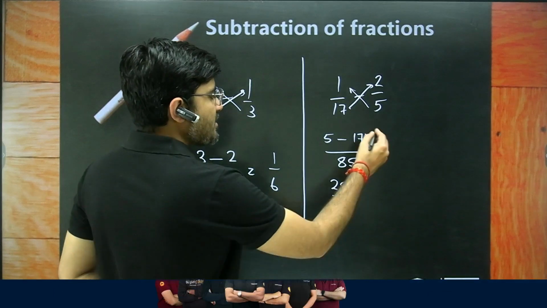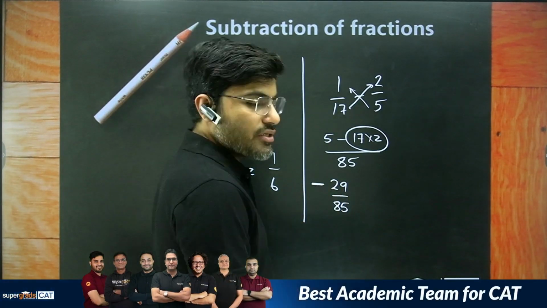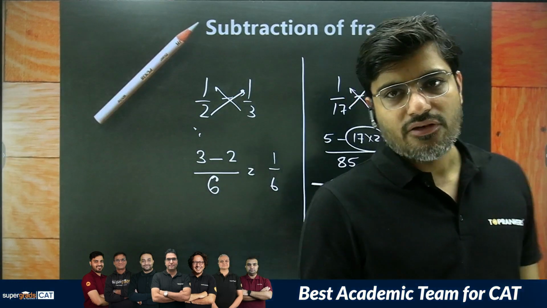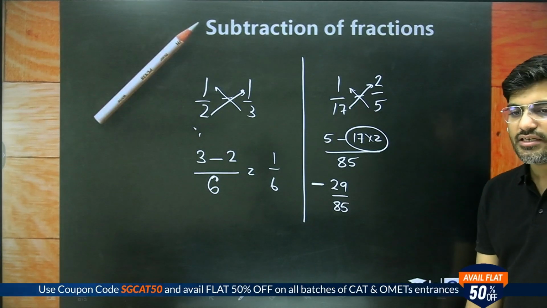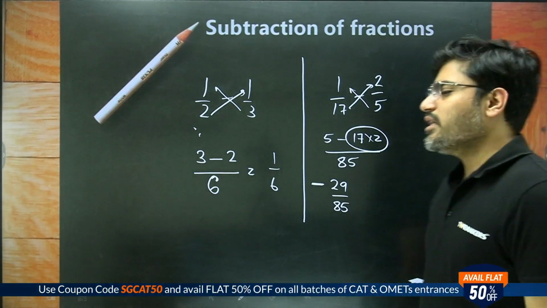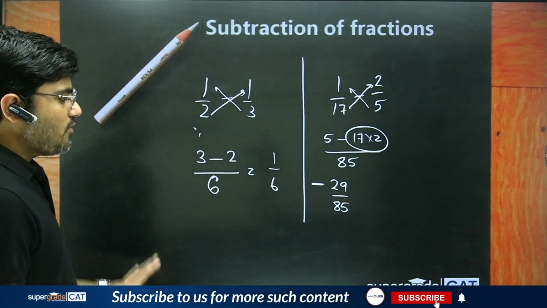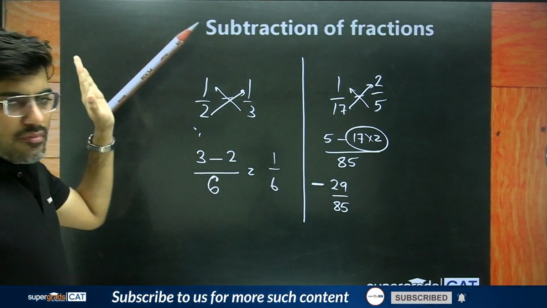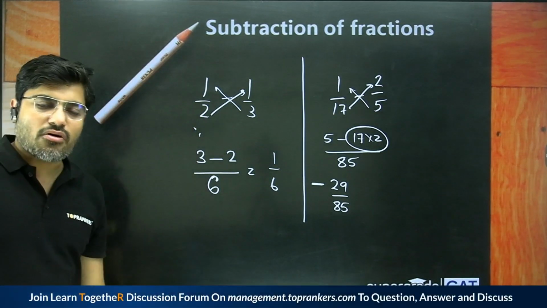But since this number was greater, so there should be a sign, negative sign. So it is negative of the fraction 29/85. Is that clear? So while subtracting the fractions, you can do the same thing. You can aspire for the same denominator first and then solve further.